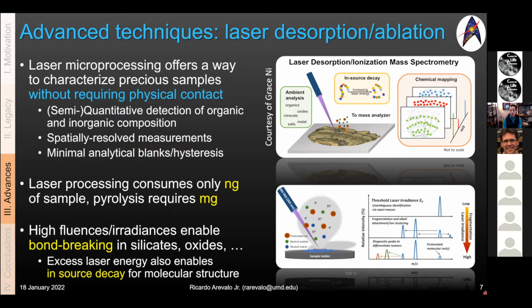If you have a really powerful laser system, you can exceed the desorption and/or the ionization threshold of your analyte intentionally, and you can break apart organics. It's kind of like a poor man's tandem mass spectrometry experiment. It's called in-source decay, but it's a way for you to derive some information about structure that you may not have otherwise.